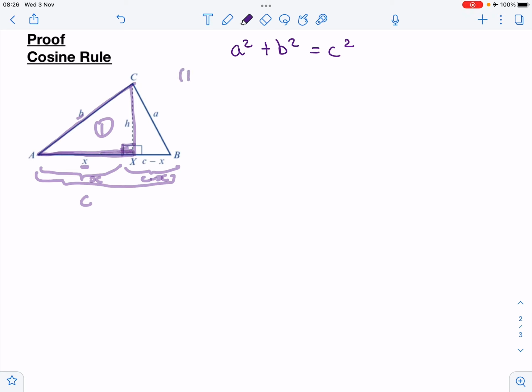For triangle 1, the longest side, which is opposite, is always going to be C, and I can just call my other two sides A and B. So let's apply: h squared plus x squared equals b squared.